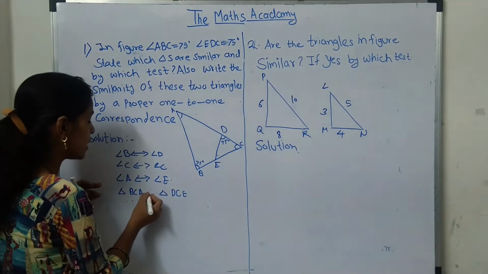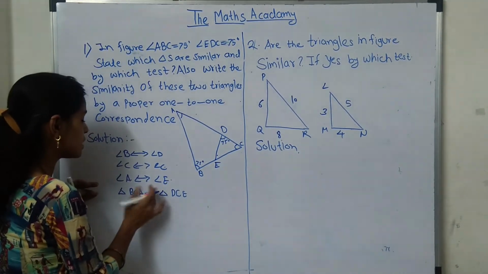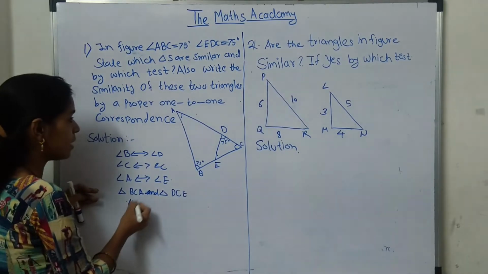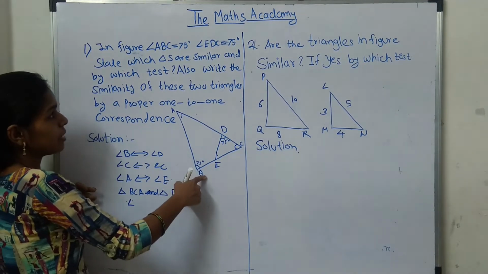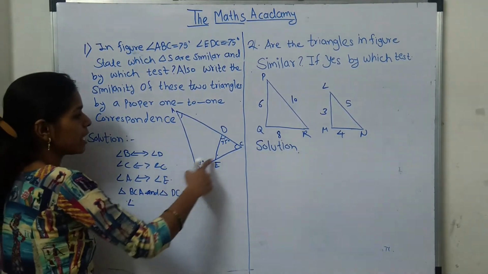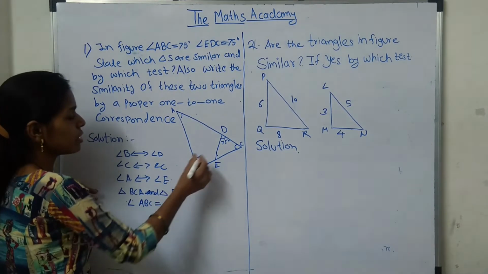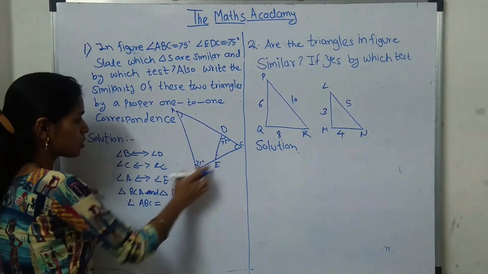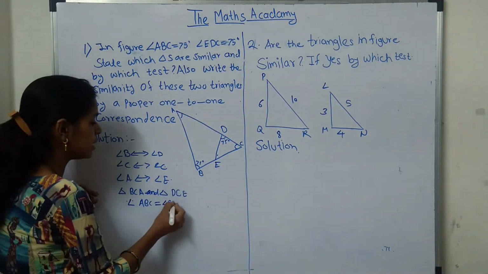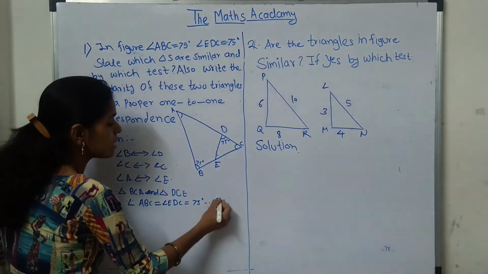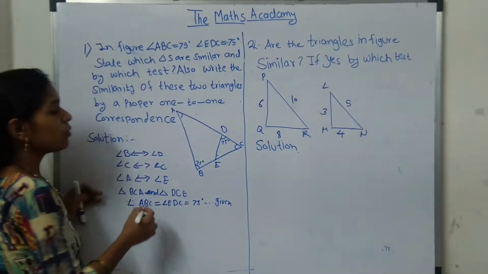So here we will write that in triangle BCA and triangle DCE, angle B, we can write it as angle ABC, is equal to angle D. A corresponds to E, that's why angle EDC. Both are equal to 75 degrees, and this is the given part. And what is the similarity?